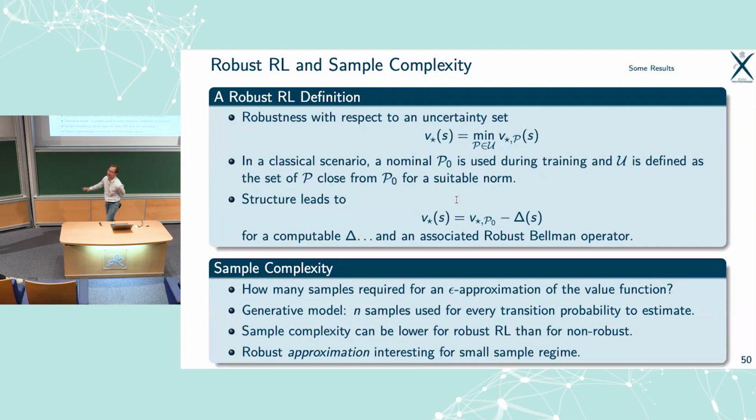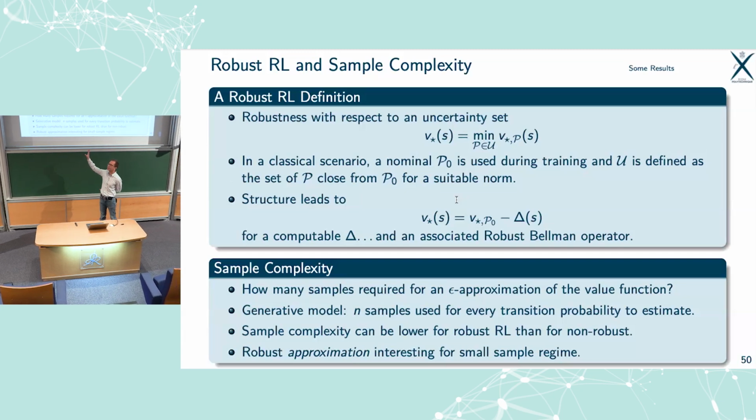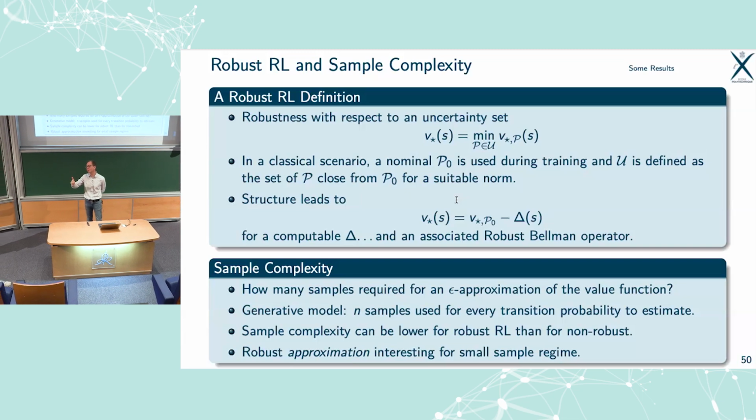Okay, so it really depends on the scenario. Most of the time, that's the way robustness is presented. So you have an uncertainty set. Here, the scenario Pierre is interested in is the one where you are observing a single value of this uncertainty set, the nominal transition, and you think that the real one is somewhere within the ball.